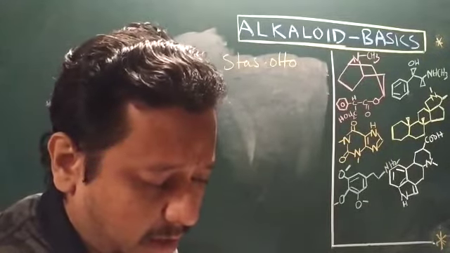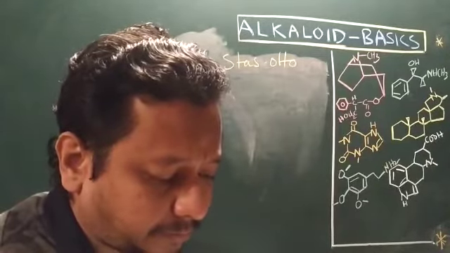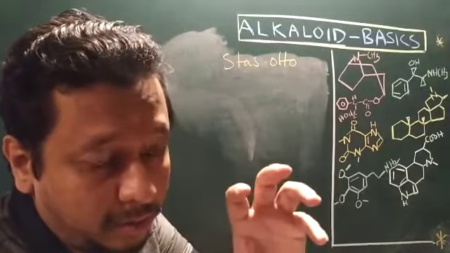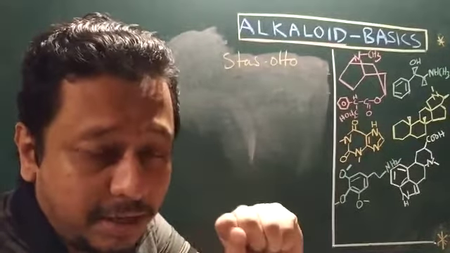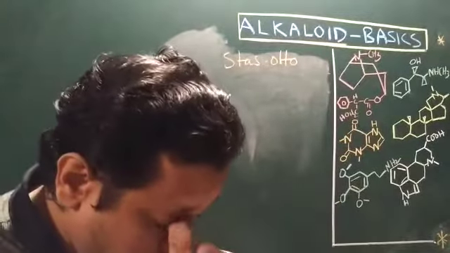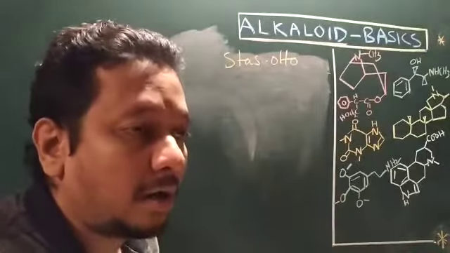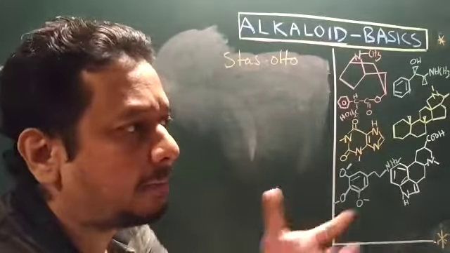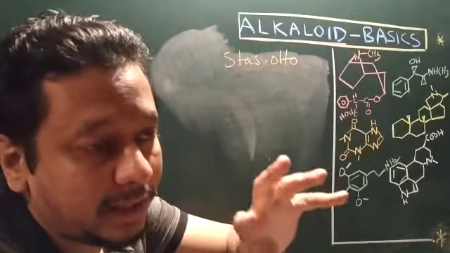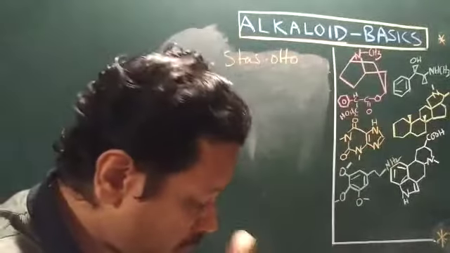When we add base, the alkaloid exists as a free base and tends to go to the non-aqueous solvent, and if we add water with an acid, it tends to go to the aqueous solvent. With the help of a separating funnel we can get the alkaloid as a free base as well as in a salt form. So this is the Stas-Otto method.